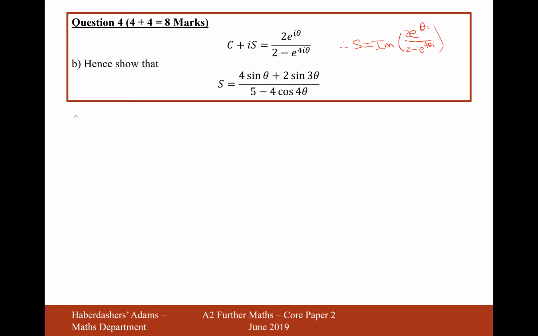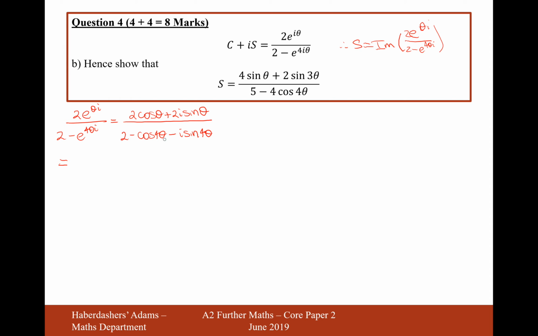So 2e to the theta i over 2 minus e to the 4 theta i is equal to 2 cos theta plus 2i sine theta over 2 minus cos 4 theta minus i sine 4 theta. Now what I'm going to do next is to rationalize the denominator and be able to split up the C and the i S into separate parts.